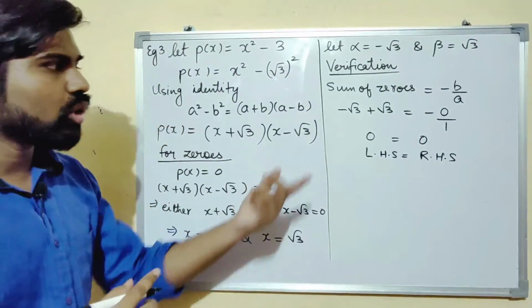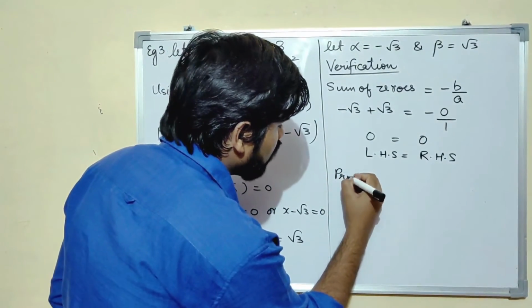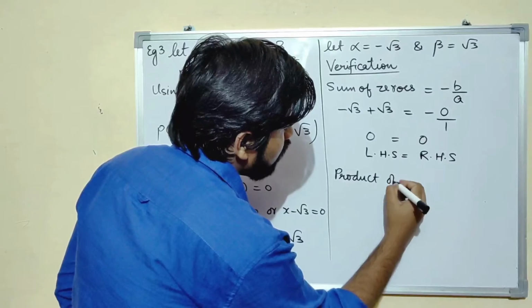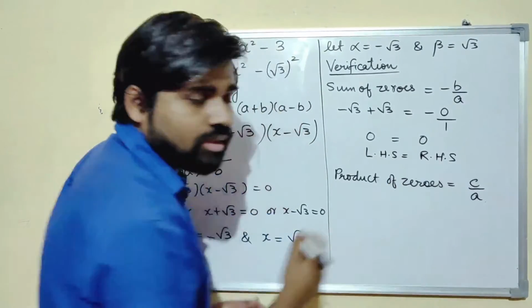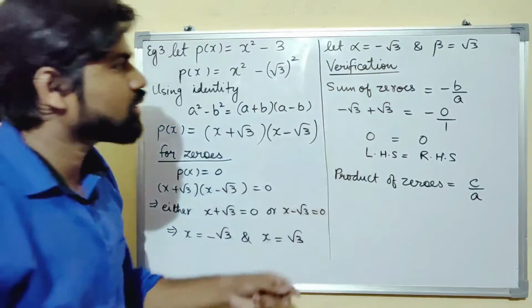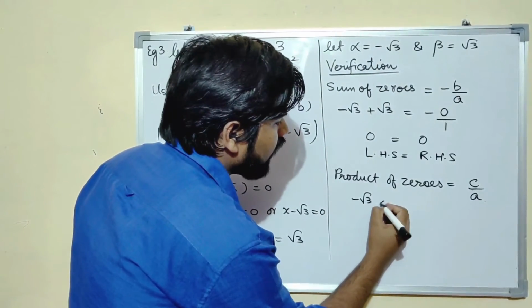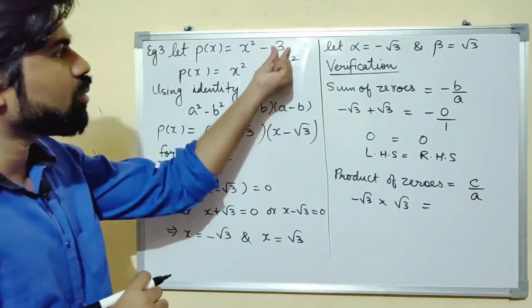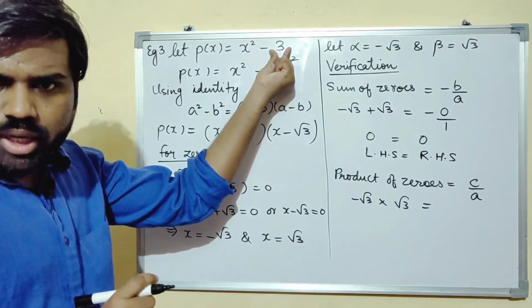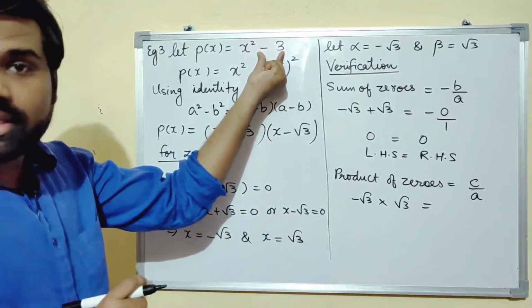Now let us see the product of zeros. Product of zeros is equal to c upon a. Now let us multiply the zeros, which is minus root 3 into root 3, equal to the value of c. The constant term is 3, right? No, it is minus 3.